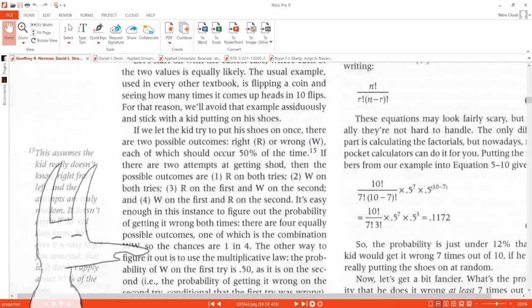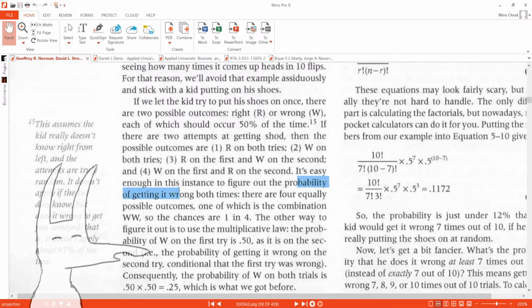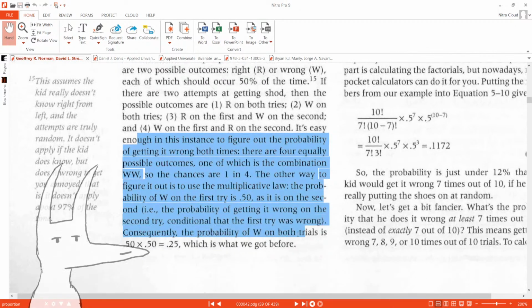If there are two attempts at getting shod, then the possible outcomes are R on both tries, W on both tries, R on first and W on second, W on first and R on second. It's easy enough in this instance to figure out the probability of getting it wrong both times. There are four equally possible outcomes, so one of which is the combination WW, so the chances are 1 in 4. The other way to figure out is to use the multiplicative law. Blah blah blah. Okay.